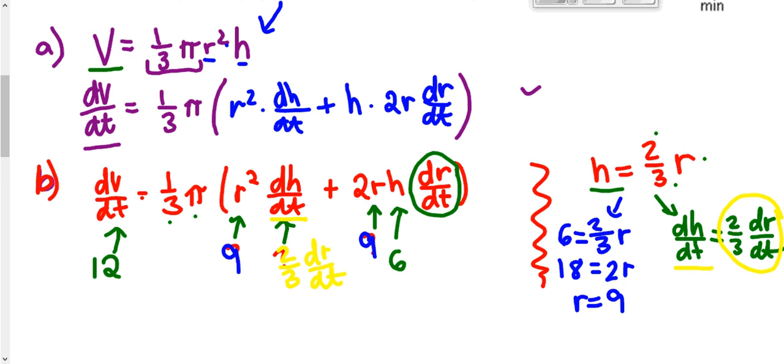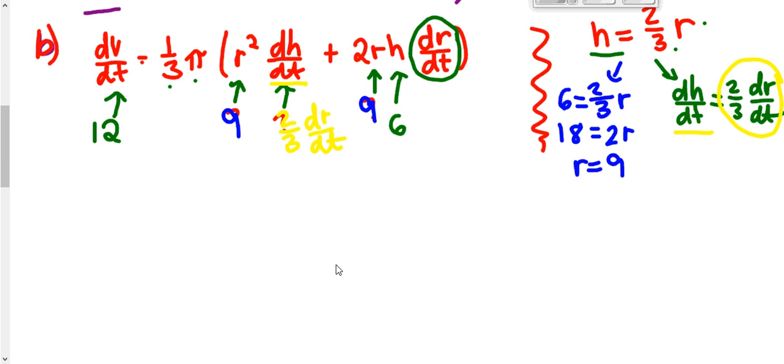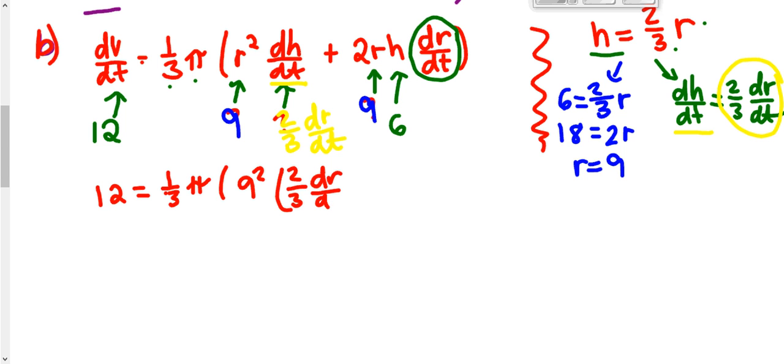So let's plug all this in and see if we can get our answer. So we have 12 equals 1/3 pi 9 squared times 2/3 dr/dt plus 2 times 9 times 6 dr/dt.